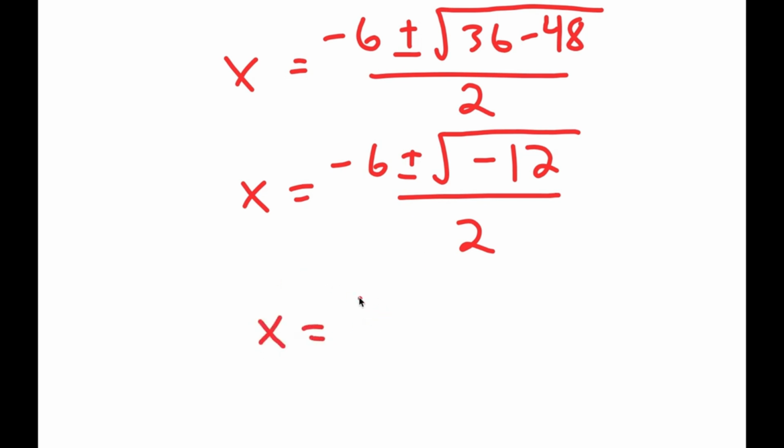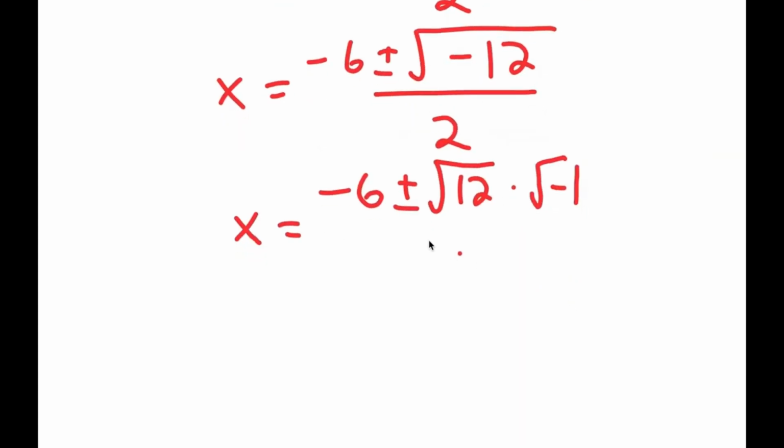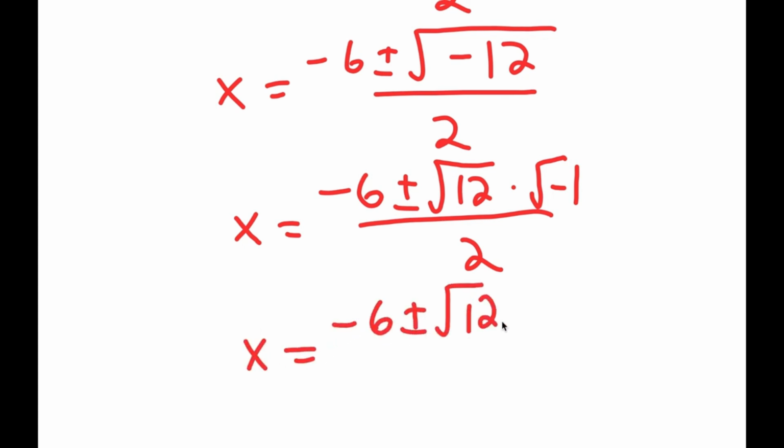Now from here, I have 6 plus or minus the square root of 12 times the square root of negative 1. And if you guys didn't already know, the square root of negative 1 is the same thing as the imaginary number i. So I get x = (6 plus or minus the square root of 12 i) over 2.